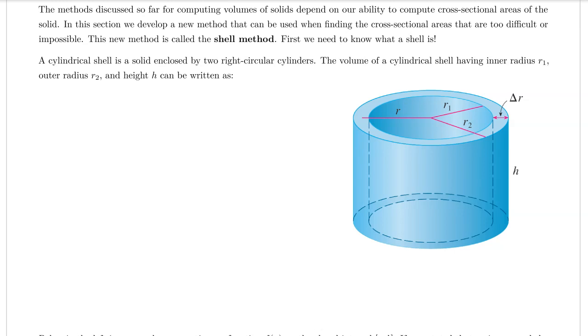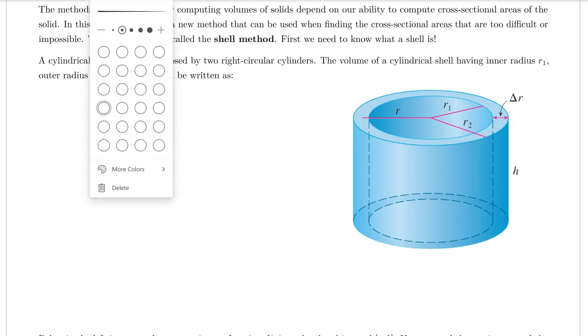Before I jump into the formula, to the right here we have a graphical depiction of a shell. Essentially, we have a cylinder that has the inner cylinder part scooped out, and it's hollow. The way that we can think about this is we can take a right circular cylinder and subtract a smaller circular cylinder from the larger one.